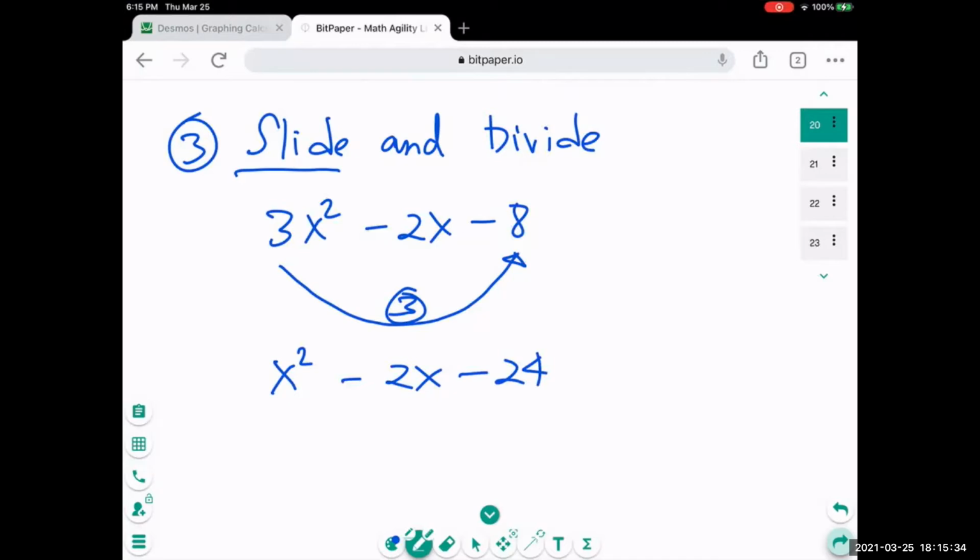So ngayon, same thing, we will think of two number na kapag minultiply natin would give us negative 24 and a middle term of negative 2. So let's write two terms and then we know that the first would be x and of course, ang na-identify natin na pag multiply together will give us negative 24 would be negative 6 and 4. And if we add the inners to the outers would give us negative 2x.